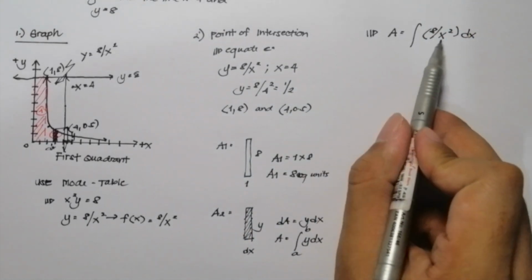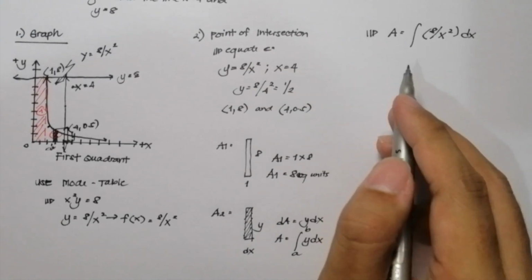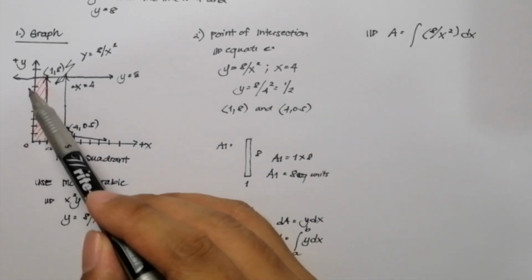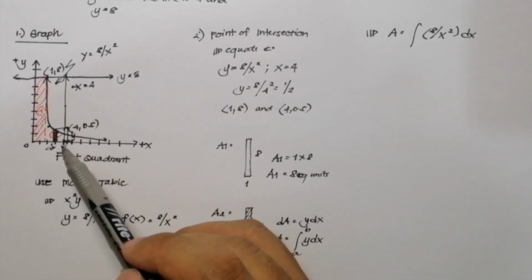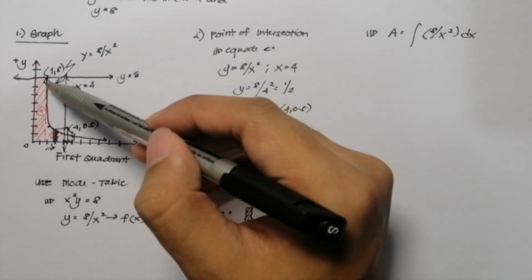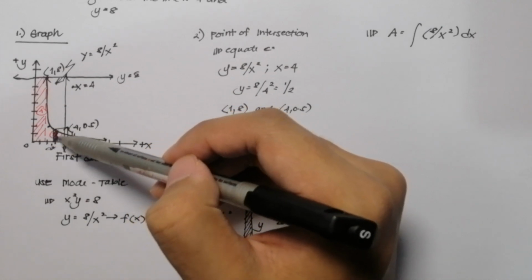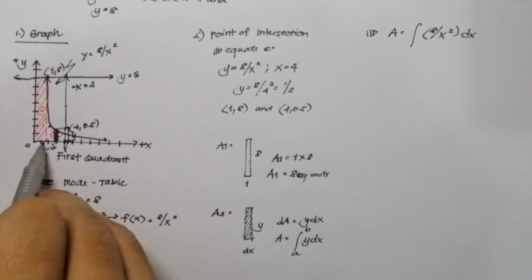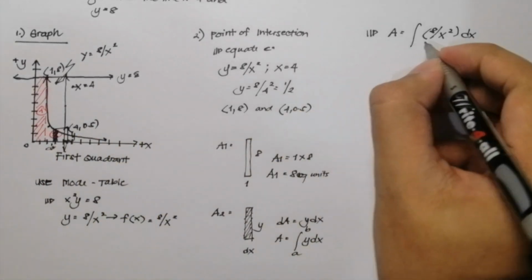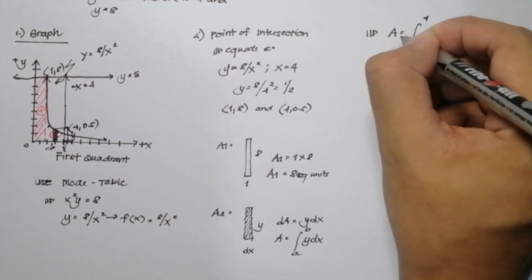We can now proceed to the integration since it is in function of x. We should now get our limits. In solving for area 2, since we divided our total area into 2, the second region will start from the termination point of the first area. So it will start from 1 and go up to 4.